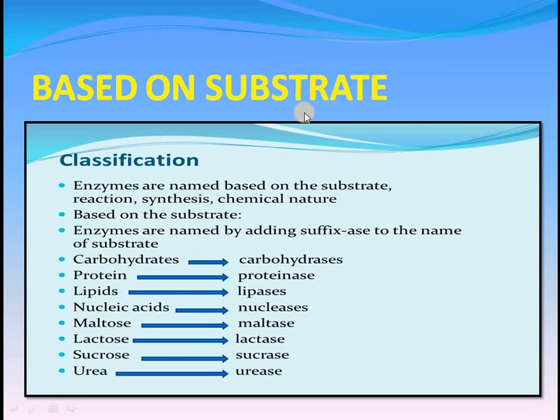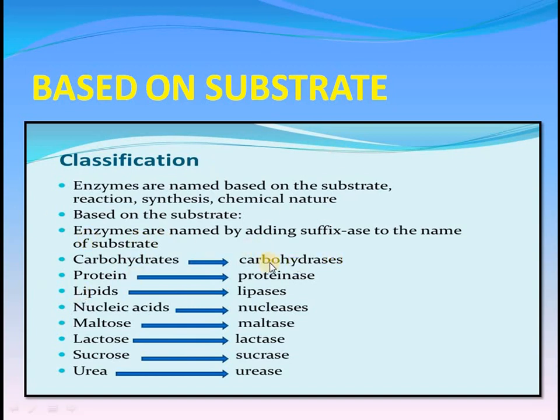Enzymes can be classified on the basis of substrate they use. Some of the examples are proteases, lipases, carbohydrases and nucleases. The first one is carbohydrases. These enzymes cause the breakdown of carbohydrates.